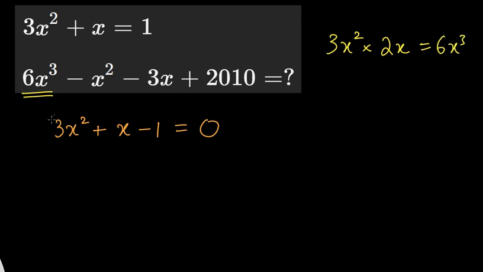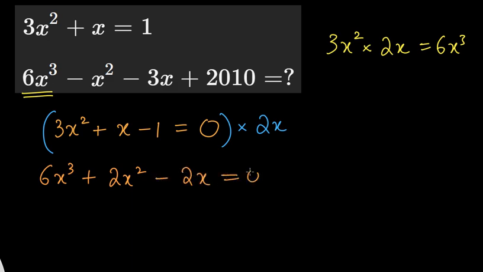We are going to multiply both sides of this equation by 2x. So 2x into 3x square will give us 6x cube that we want. Yes, we get it. Now 2x times x is plus 2 times x square, and then we have 2x times minus 1, which is minus 2x, and this is equal to 0. But this is still not the expression that we want, right?